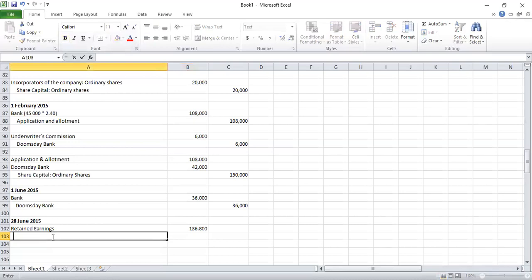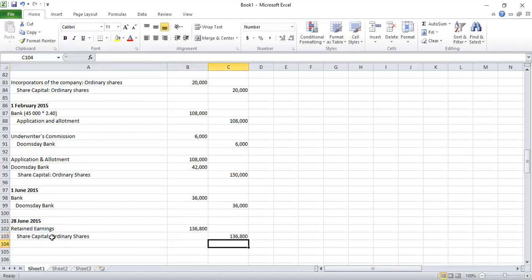Then we credit share capital, ordinary shares, 136,800. So that's how we record a capitalization or bonus issue. Any questions there?